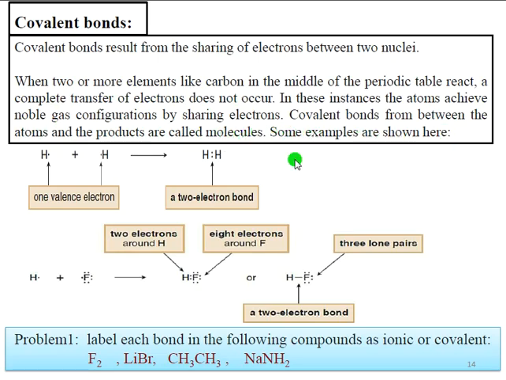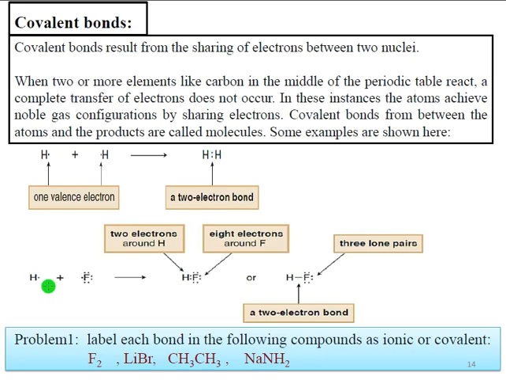Some examples are shown here. I will give you examples. This one hydrogen atom with one electron, and also here one hydrogen atom with one electron. Both of them share their electrons to make a bond formed from two electrons.